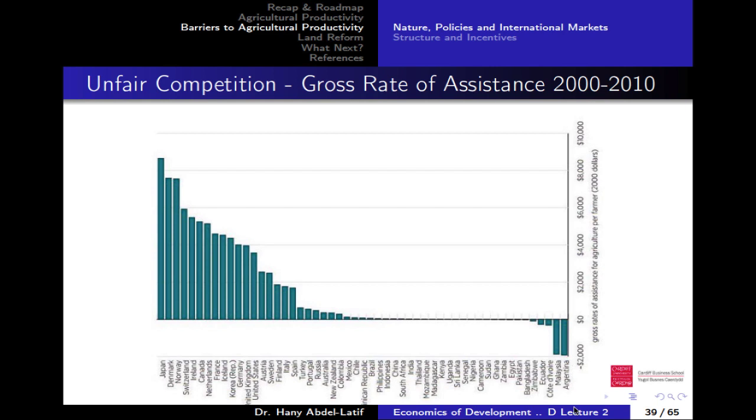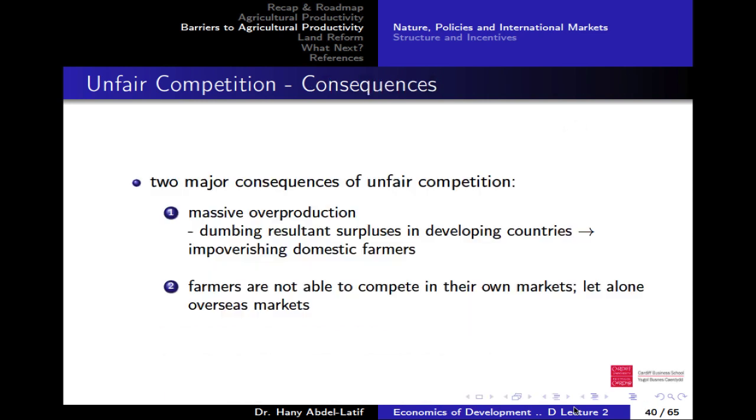So the idea here is that there's unfair competition because developed countries support their farmers, while farmers in developing countries receive no support. The consequence of this sort of support is that we have massive overproduction in the West, or in developed countries.